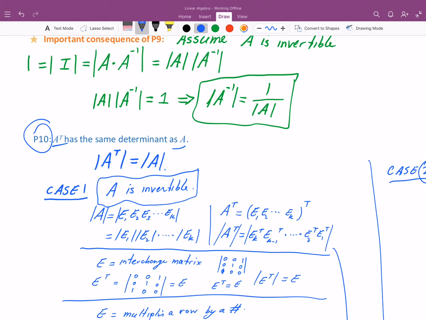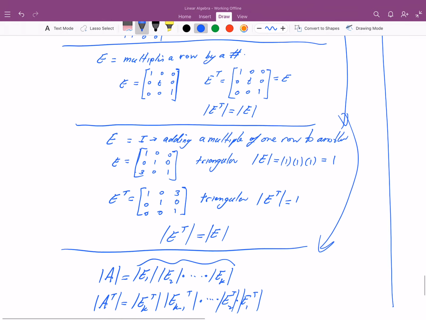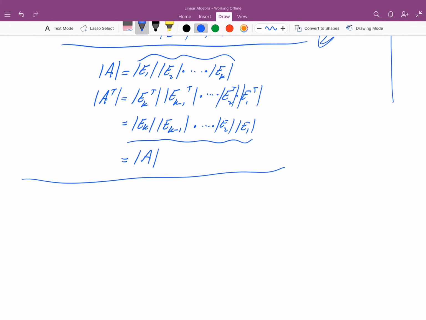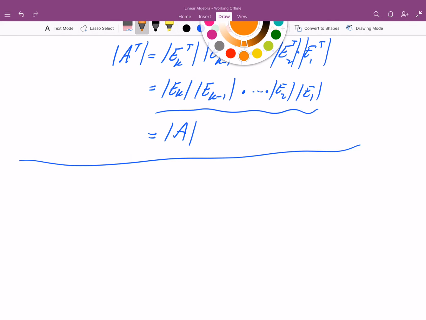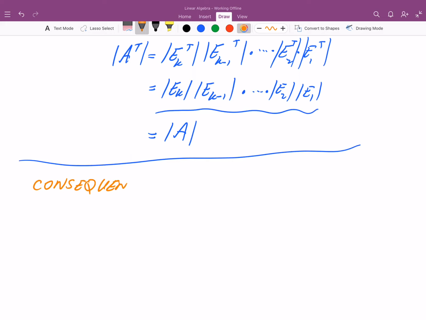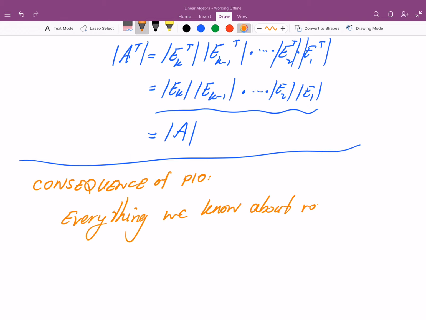And the consequence of property 10 is huge. An important consequence of property 10 tells us that everything we know about rows and determinants is also true about columns.